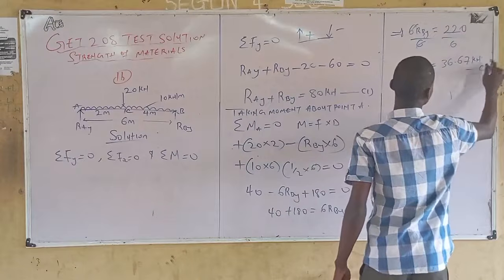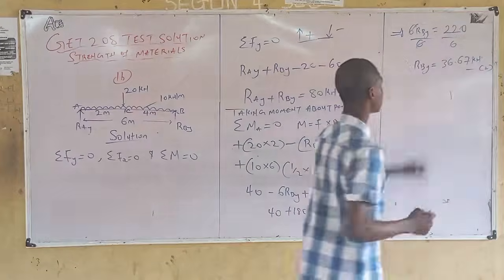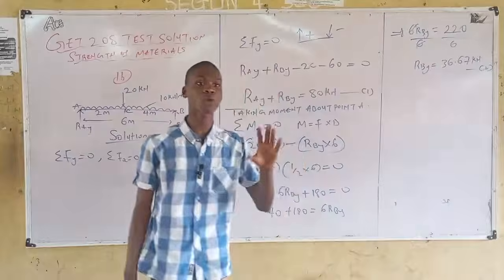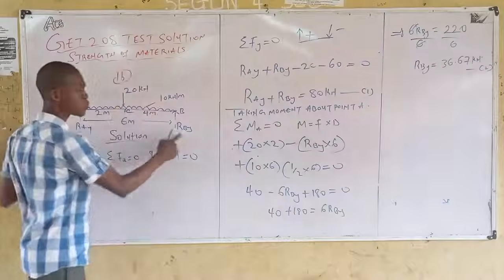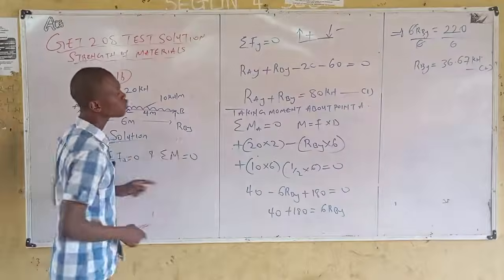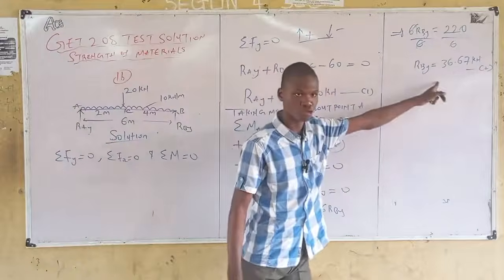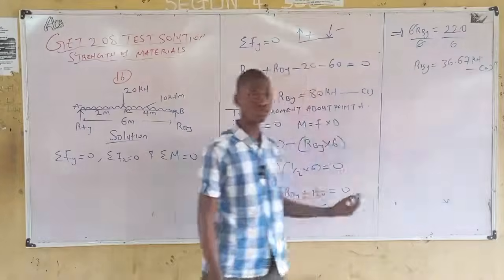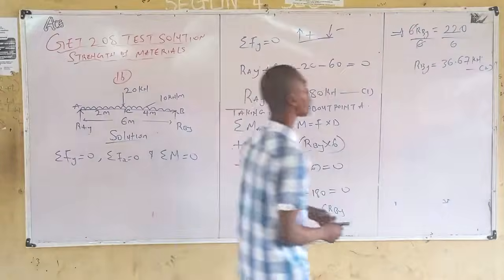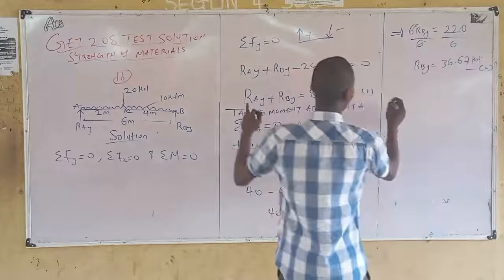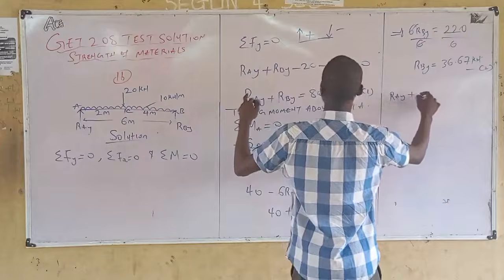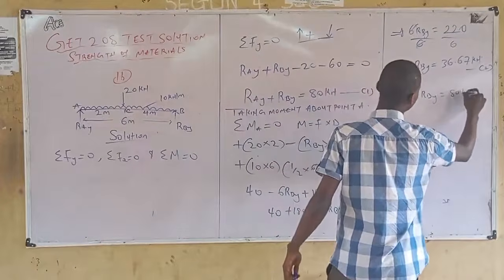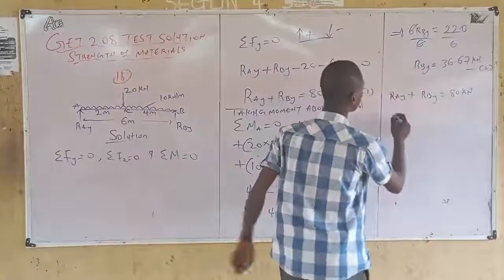Call this equation 2, since we already have equation 1. Now, we've gotten the support reactions. The first question says to calculate the support reactions, and these are the support reactions. From equation 1 and equation 2, I can substitute equation 2 into equation 1.